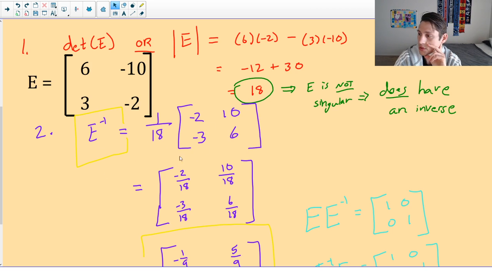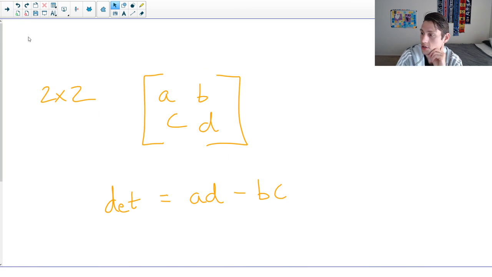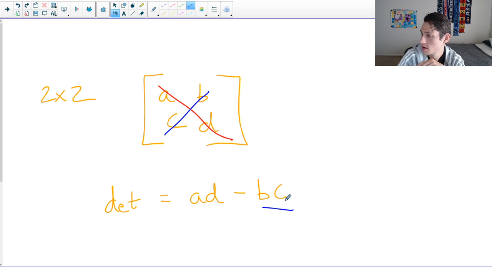This is the process we do for inverse, and we use the determinant in the inverse, but a 2 by 2 matrix determinant is just purely multiply these two numbers together minus multiply these two numbers together. Yes, sir. Good question. Easy to mix up.